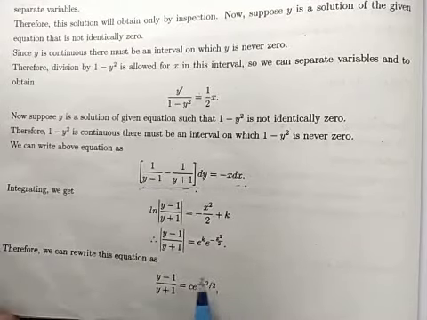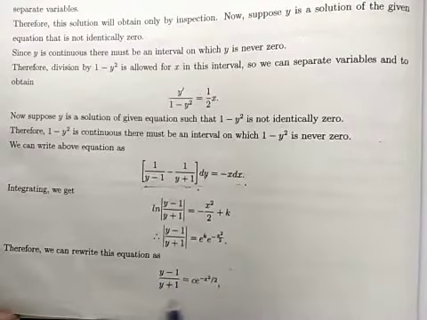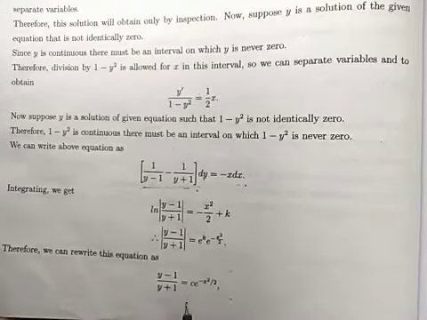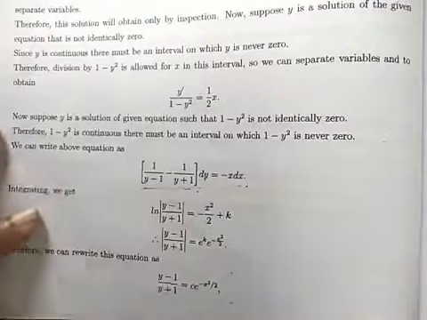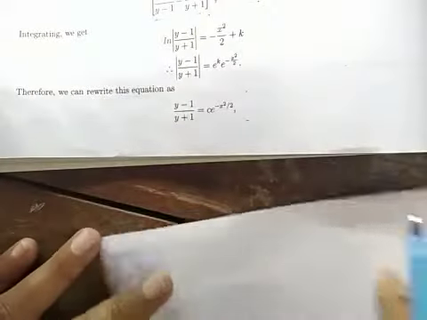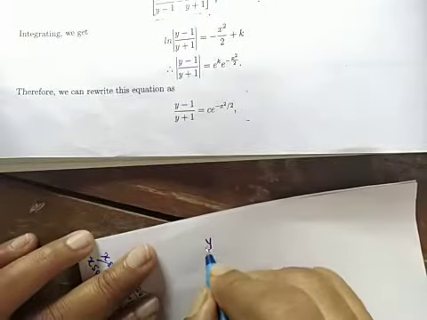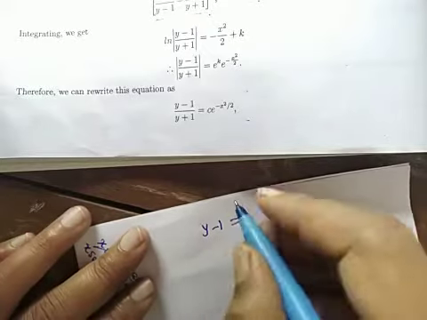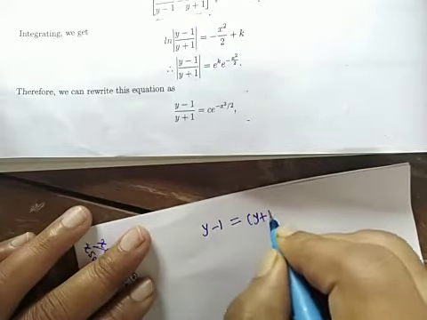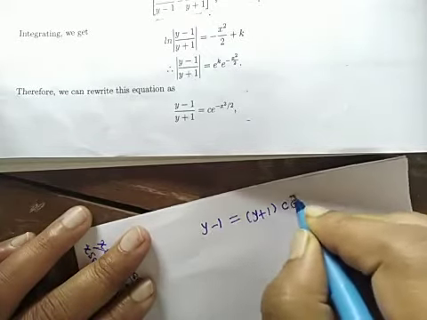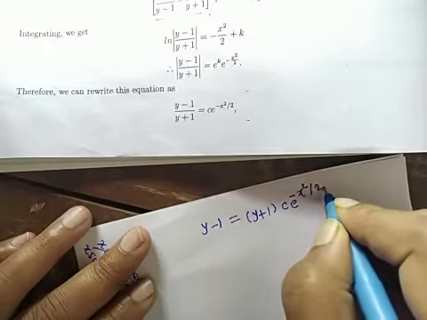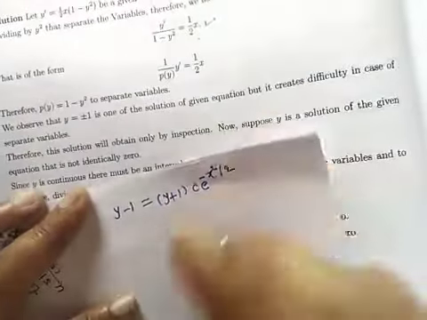Next we can solve this equation for y and get the value of y. Let us simplify it. So y minus 1 is equal to y plus 1 into c e raised to minus x square upon 2. Let us simplify it and obtain the value of y.